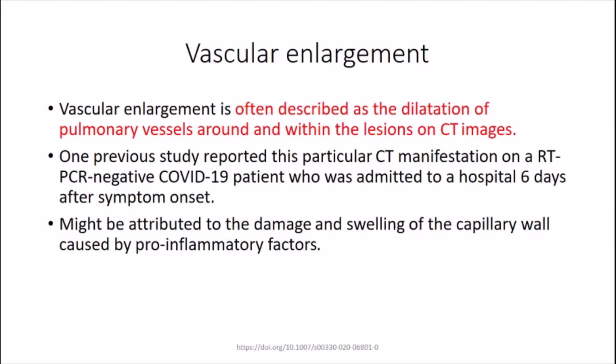It is often described as a dilatation of pulmonary vessels around or within the lesion on CT images, and it was reported in a PCR negative patient who was admitted to a hospital 6 days after symptom onset. It might be attributed to the damage and swelling of the capillary wall caused by pro-inflammatory factors.